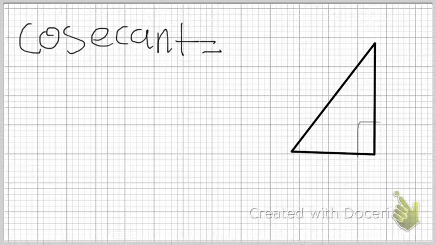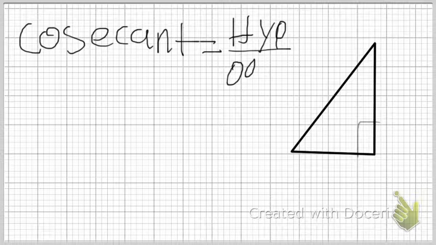Now for cosecant. So cosecant is 1 over sine, which is hypotenuse over opposite. Remember, it's the reciprocal of sine.